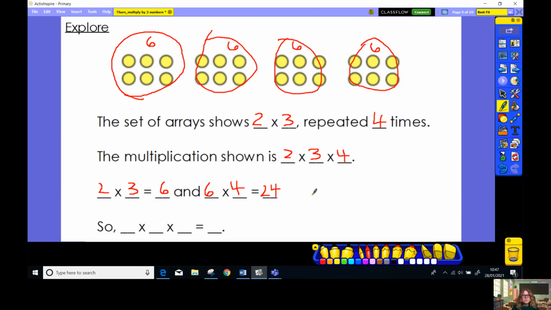So in total there are 24 counters. Therefore, let's go back to our original calculation, which is 2 multiplied by 3 multiplied by 4 equals 24. How could I check that? Well, I could do 6, add 6, add 6, add 6. If you're feeling really unsure, you could count the counters, couldn't you?